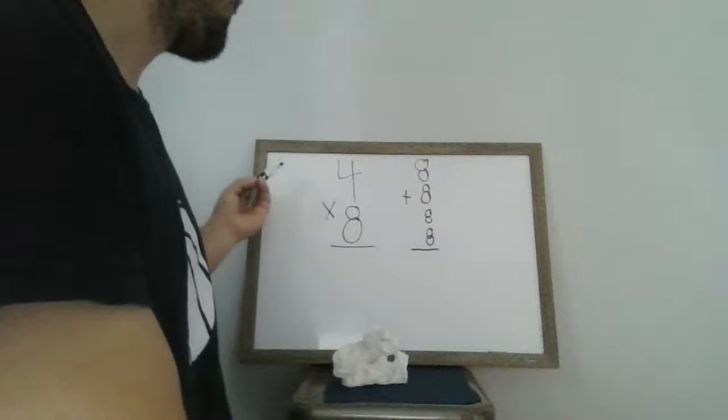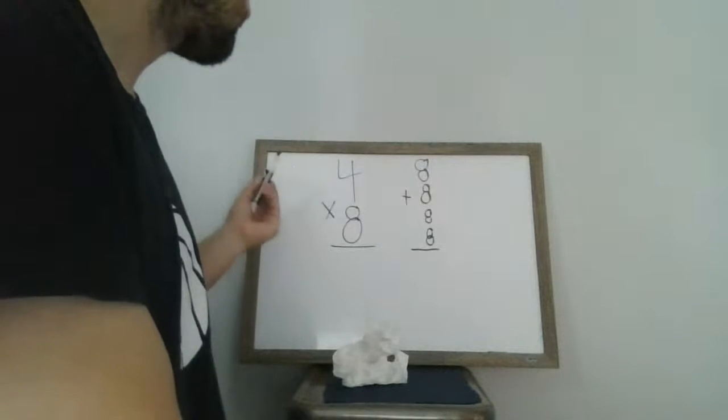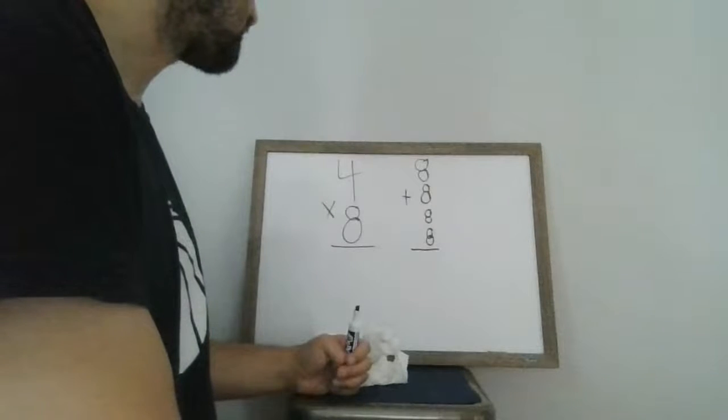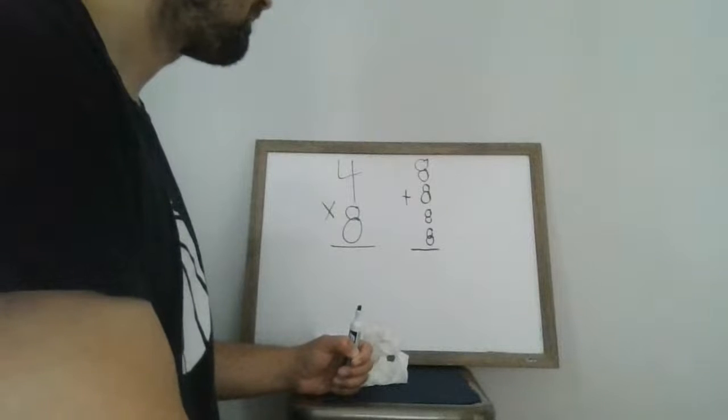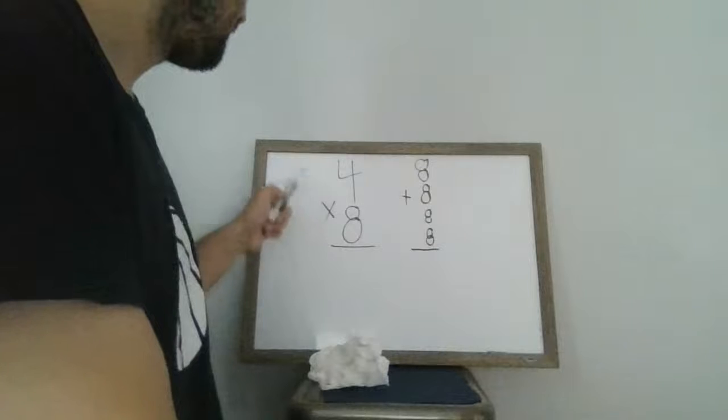All right, so again, I'll do the skip counting strategy first, and then I'll erase it, and then I'll use the strategy without skip counting. All right.